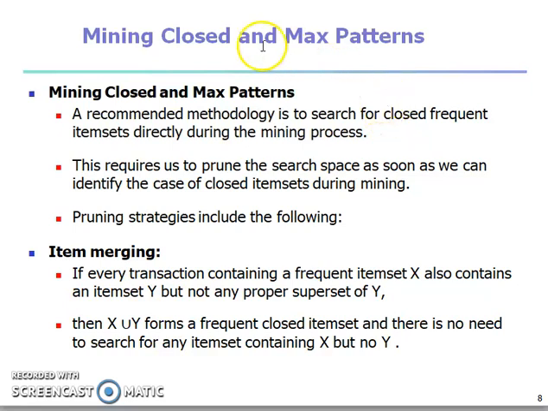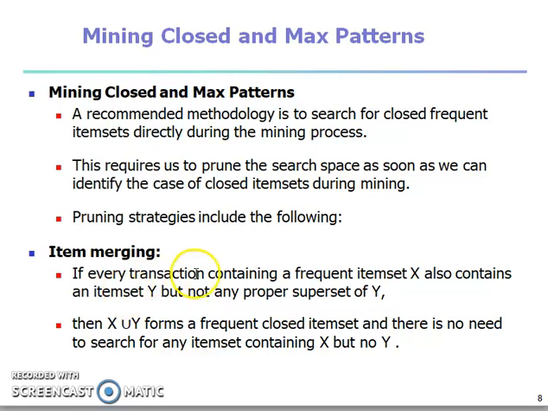The next topic is mining closed and max patterns. The recommended methodology is to search for closed frequent item sets directly during the mining process. This requires us to prune the search space, as we can identify closed item sets during mining. The pruning strategies include the following, one of the very important rules.